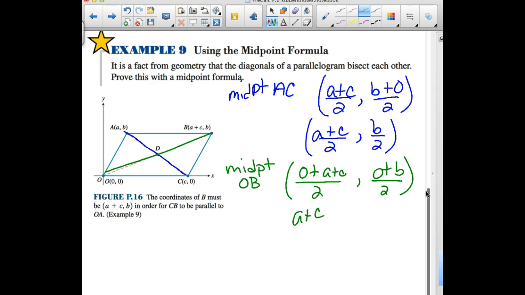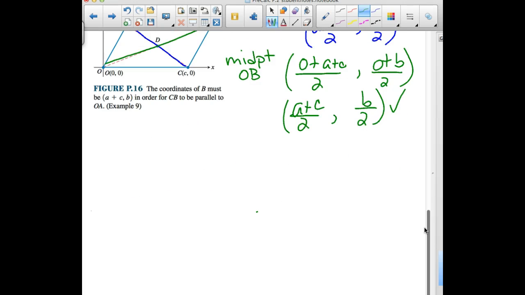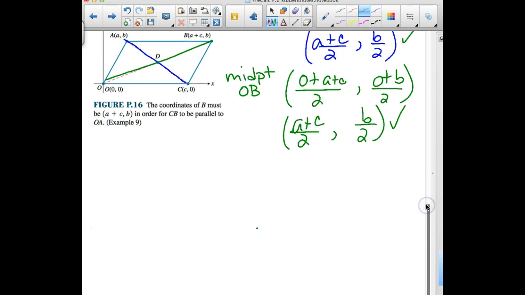Simplifying, we have a plus c divided by 2 and b divided by 2. And since they are the same, we have proved, I need some more space here. All right, since they are the same, we have proved that the diagonals have the same midpoints, which means that they bisect each other.